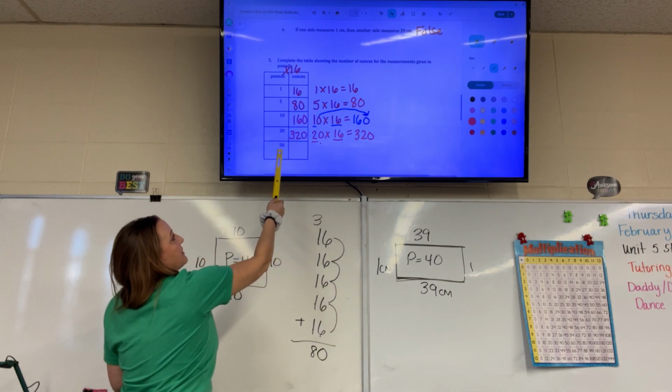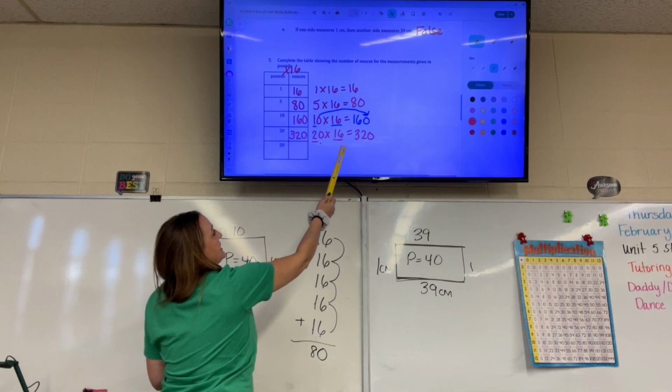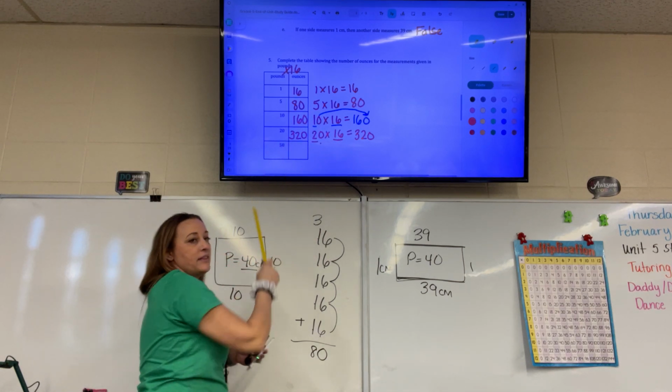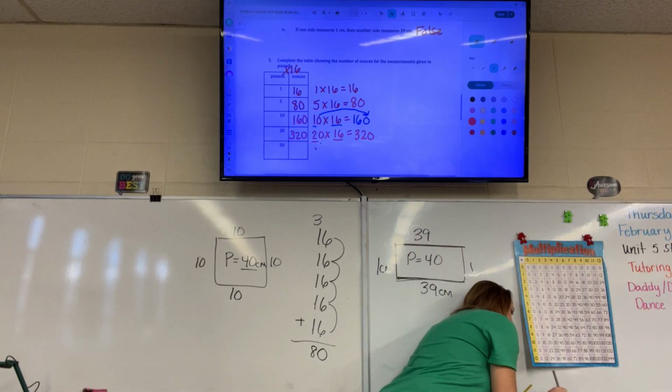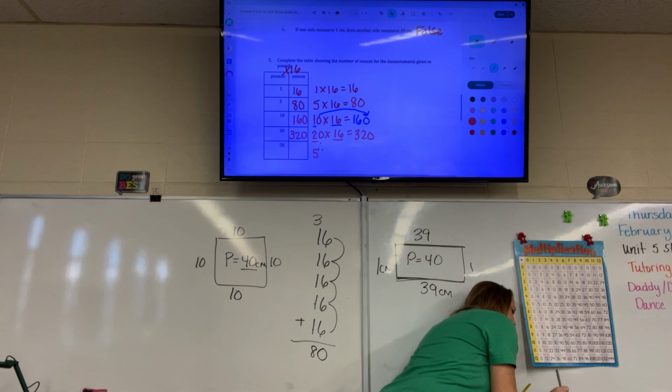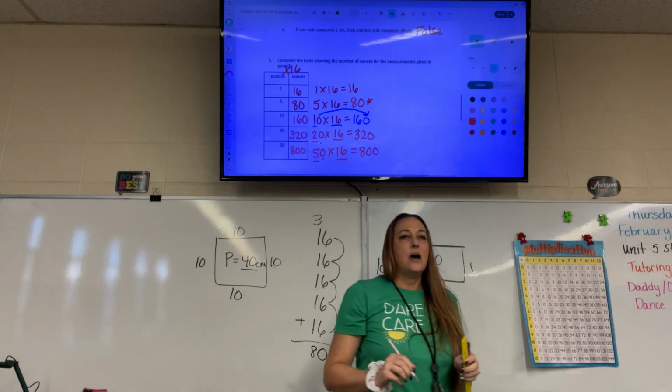If you multiply this 5 times 16, we get 80 with a 0. So watch. 50 times 16. Underline your basic fact. 5 times 16, we know from right here is 80. Colton, are you writing? Then you bring over your 0. So the answer is 800.